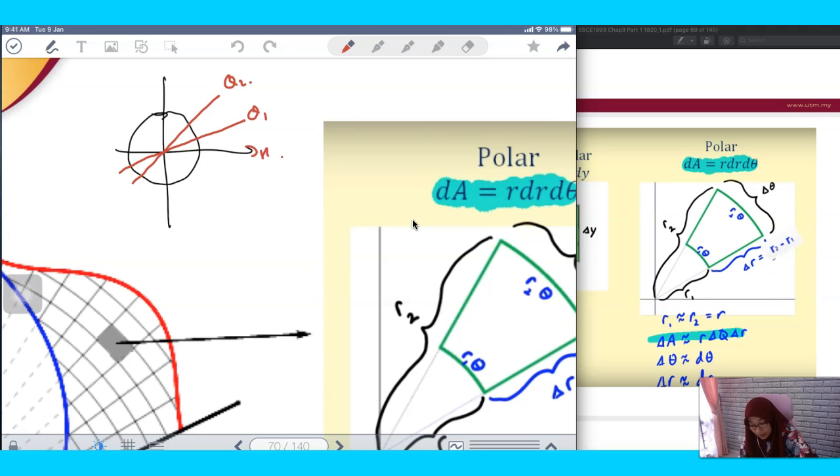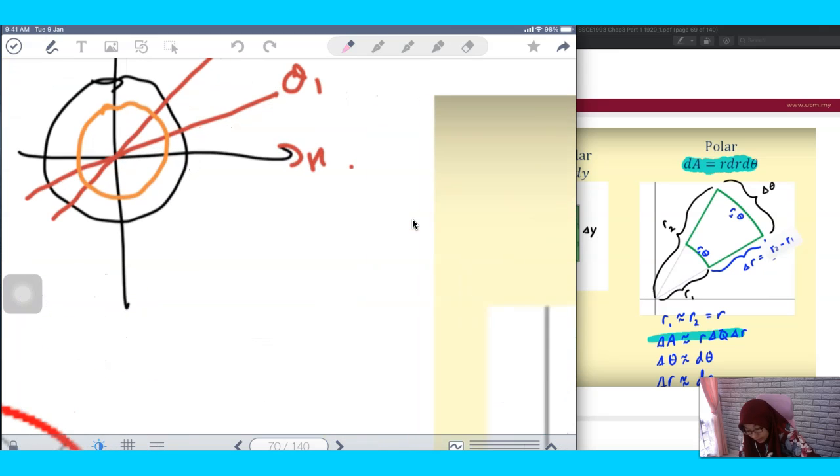And then r, what is r? R is the radius of the circle. So let's say you have an r with some radius and another r, another radius of the circle.